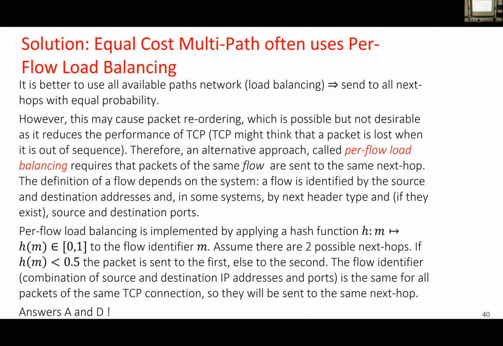So that can be used to draw with a probability 50% which path you use. So if the hash value is less than 0.5, I choose the first path. If it's larger than 0.5, I choose the second path. It will have the effect of drawing the probability correctly.